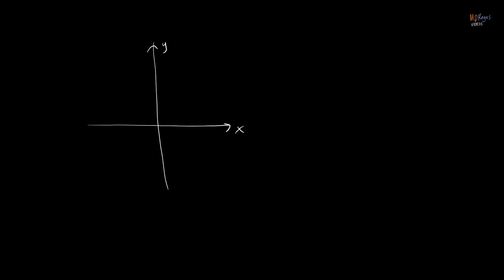Now, one last thing: we will be able to identify whether a function is one-to-one through the graph, using the horizontal line test. How is the horizontal line test being done?